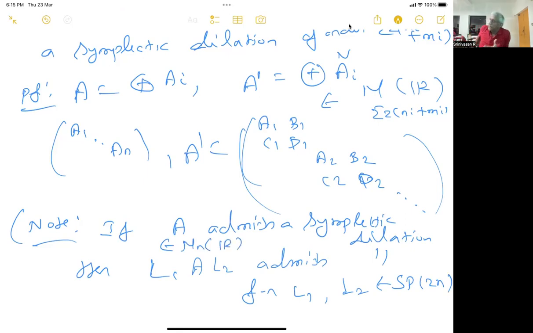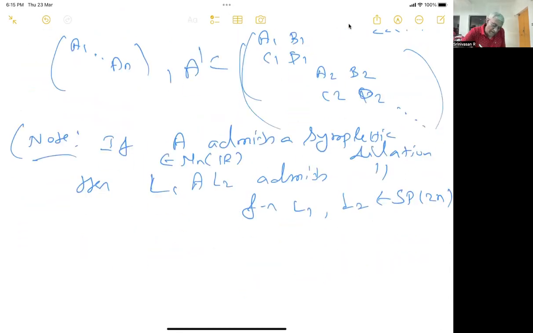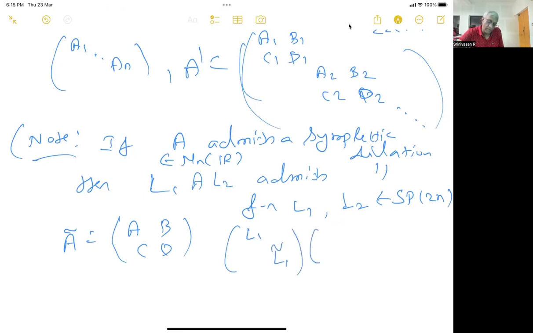Okay. So if A admits, then you can multiply by a symplectic operator. That also admits. That is just clear, right? If A tilde equal to some A, B, C, D is symplectic, then you can take something like L1 tilde times A, B, C, D times L2 tilde, L1 prime.